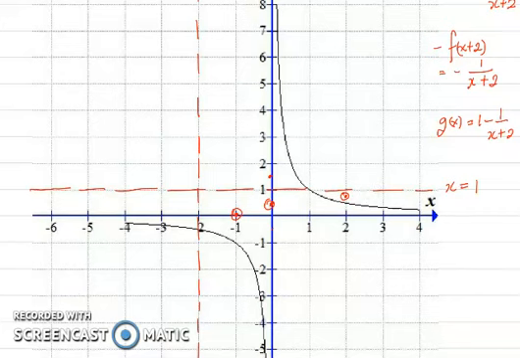Let's get the point 1/2, 2. 2 units to the left becomes minus 1 1/2, 2. Reflect in the x-axis, it becomes minus 1 1/2, minus 2. 1 unit up, it becomes here. All right.